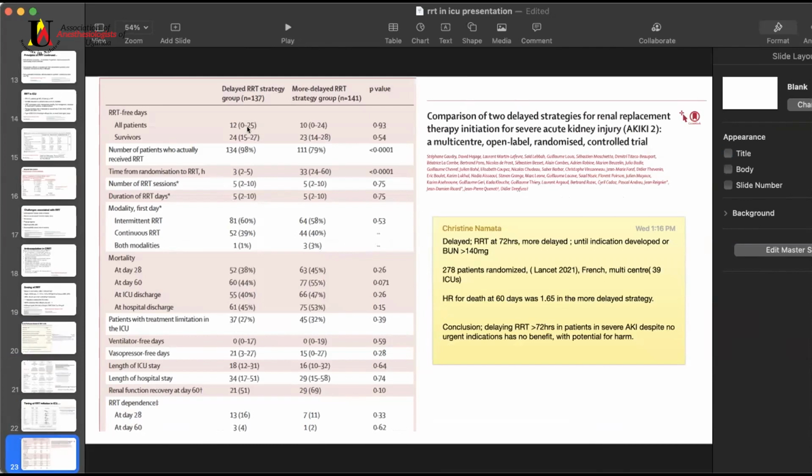They looked at 72 hours as the delayed strategy group, and then the more delayed strategy was more than 72 hours as long as they didn't have indications. And they found that it was actually harmful. The hazard ratio for death at 60 days was 1.65 in the more delayed strategy. So I think 72 hours is where most of us are comfortable waiting, and then we go ahead and initiate renal replacement therapy if the patient doesn't show signs of turning around.